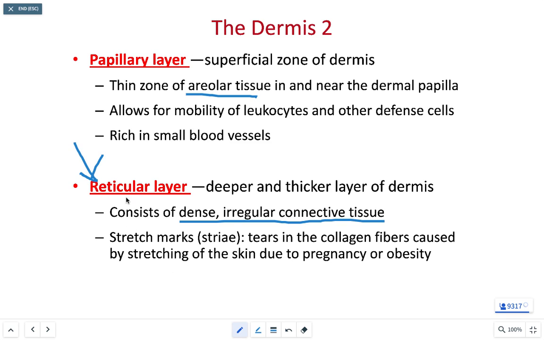And as we're looking at this reticular layer, this is where stretch marks will form in our bodies. Generally speaking, those collagen fibers are going to be oriented in many different directions. But if you take the dermis and you stretch the dermis out, all the collagen fibers will be parallel with each other.